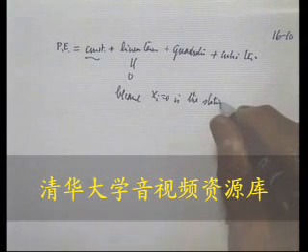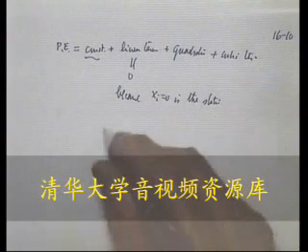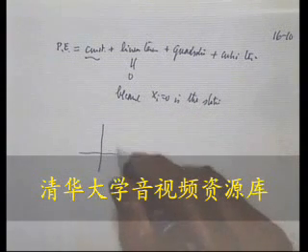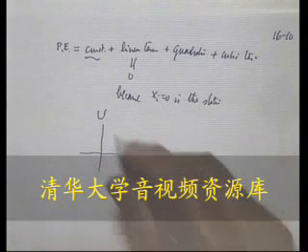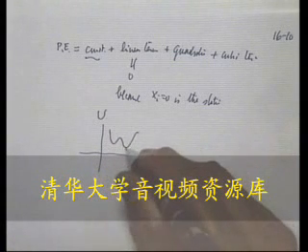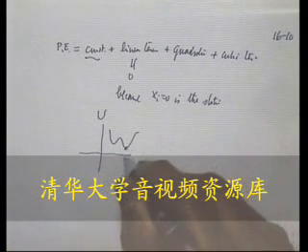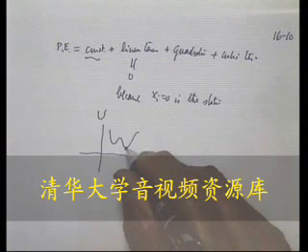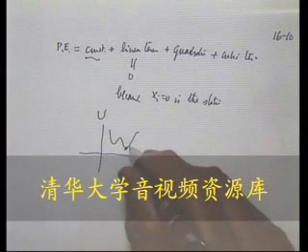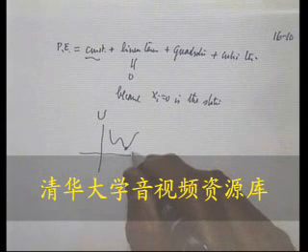Does everybody understand what I'm talking about? Let's talk about a one dimensional problem. We have a U. U is the potential energy. And we have a curve like this. And we are now talking about an equilibrium point. At the equilibrium point, the potential energy is a quadratic expression. No linear term.